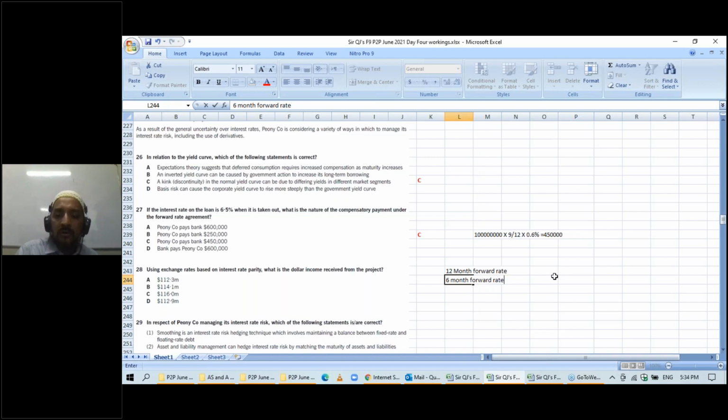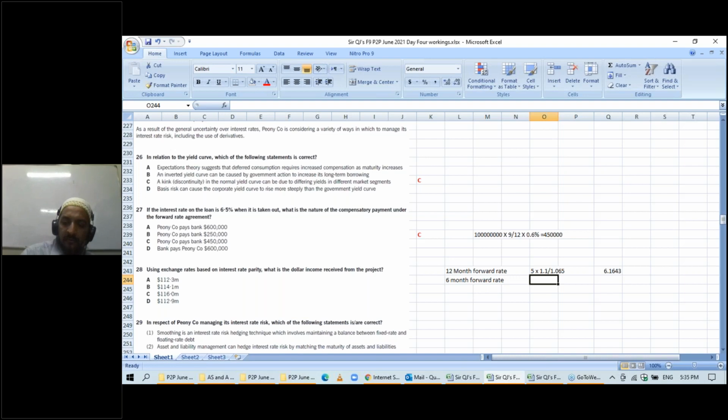The formula was spot rate 5 multiplied by 1 plus the interest rate in the foreign currency, which is 10%. This is for a year, 12 months, and divide by 1 plus interest rate in the local currency, which was 6.5%, so 1.065. This gives you a rate which is 5.1643.